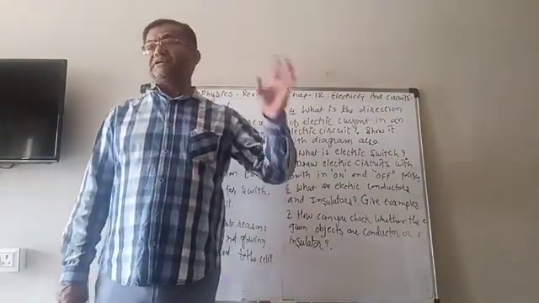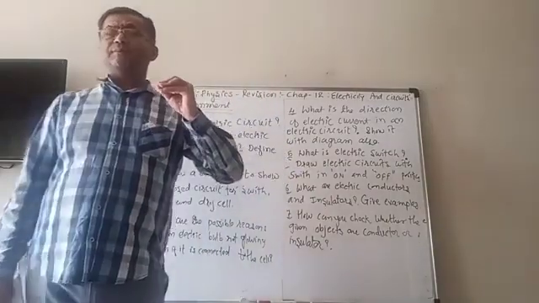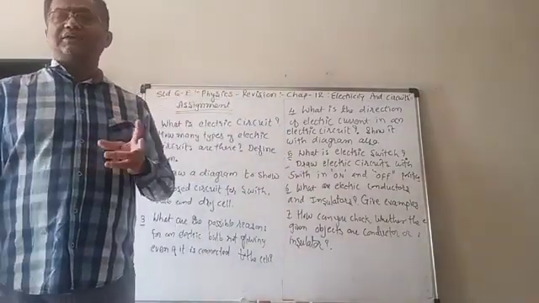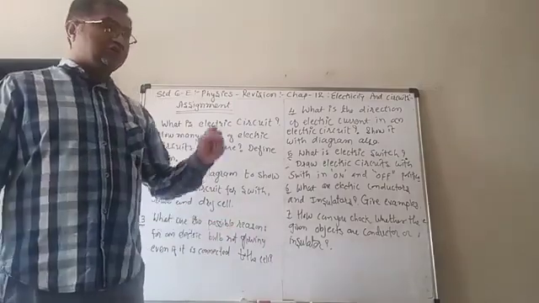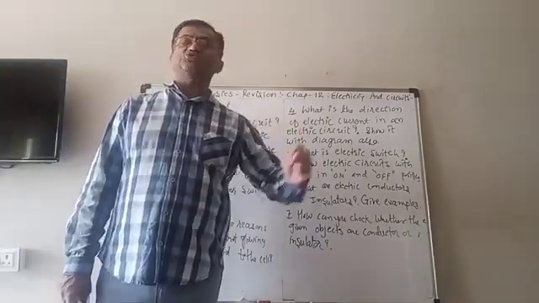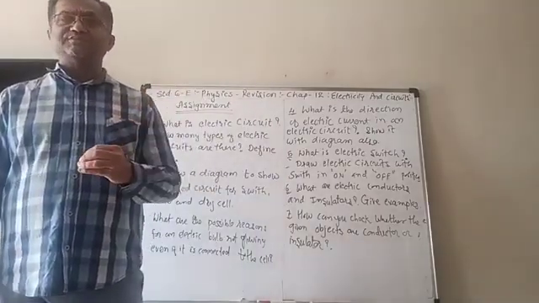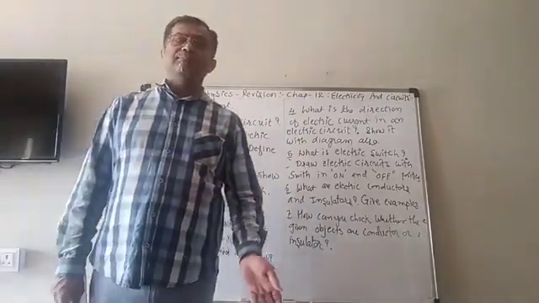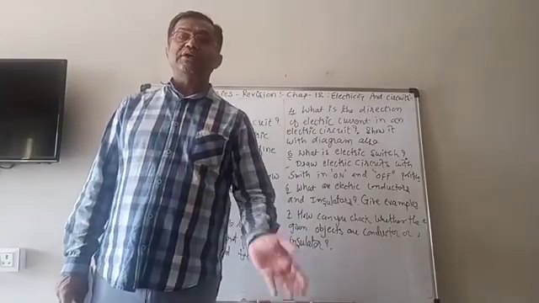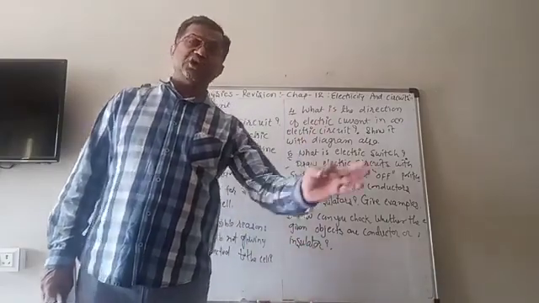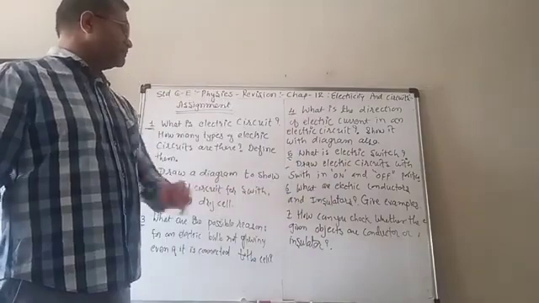Then it doesn't matter if all the connections are properly joined, the bulb will not glow. So these are the possible reasons in which the bulb cannot glow even if it is joined with the cell.